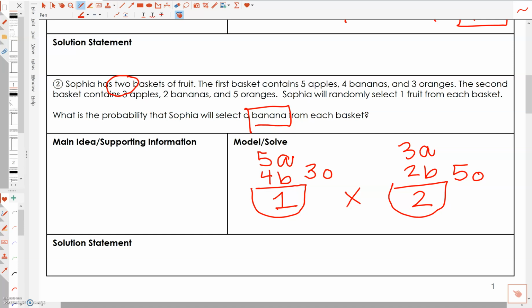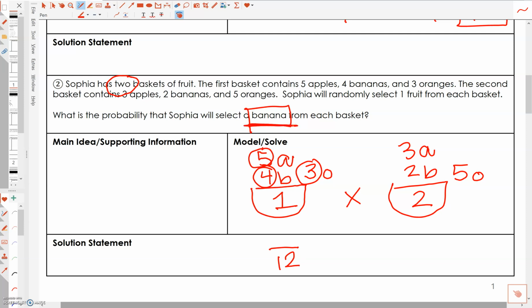All right, so the first basket, we have to figure out the total. So I'll write it right here. The total, 5 apples plus 4 bananas plus 3 oranges, 5, 9, 10, 11, 12. That is 12. And it's asking for bananas.